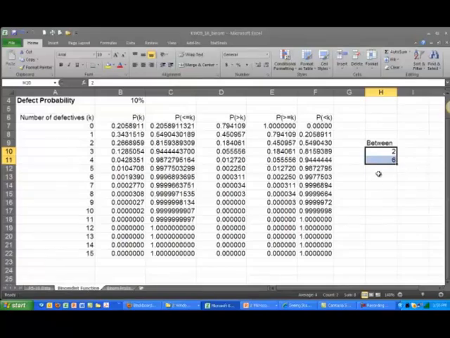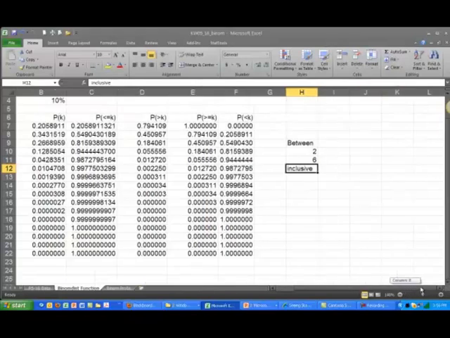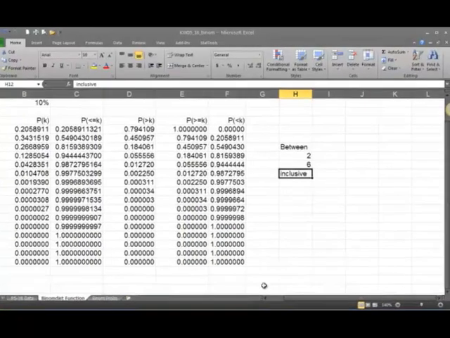So I want to make sure I'm talking about the values of 2, 3, 4, 5, or 6, so let me add the word inclusive. I want to make sure everyone's understanding what the question is. Supposing I want to know the probability of having between 2 and 6 defects out of a batch size of 15, given a 10% defect rate, and I want to make sure I'm including these values of 2 and 6.